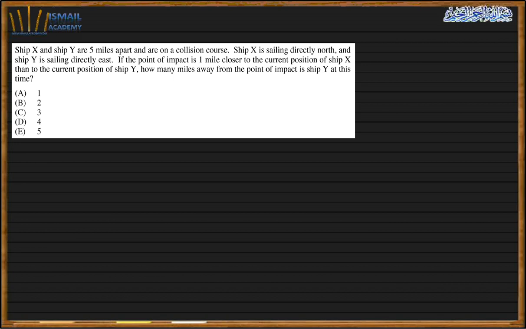So ship X and ship Y are... Let me draw this for you. The distance from here to here and here, this is how far they are. They are 5 miles apart.